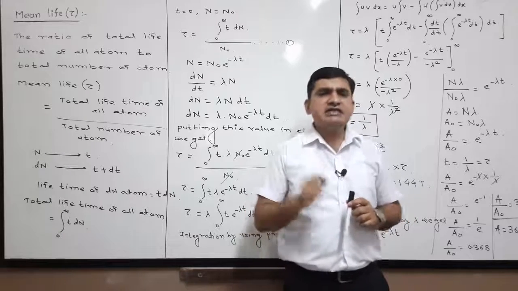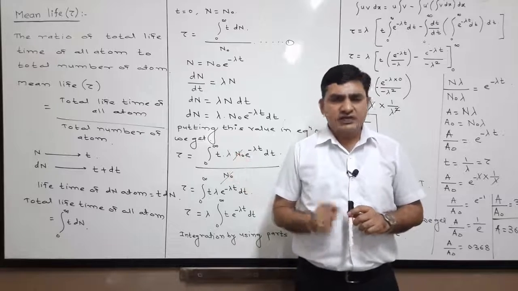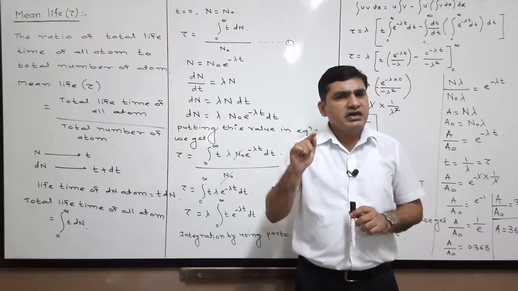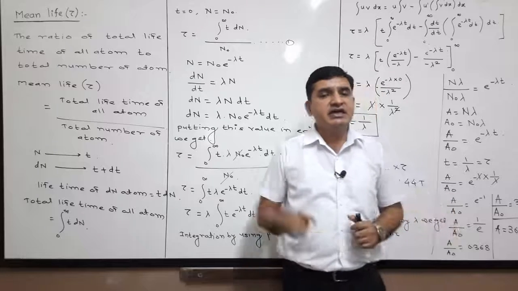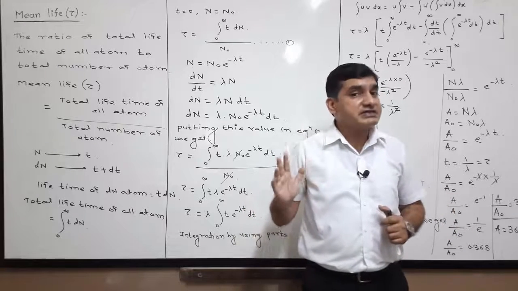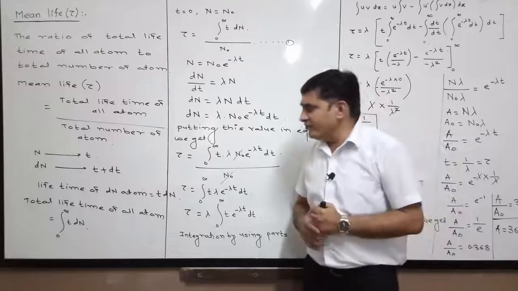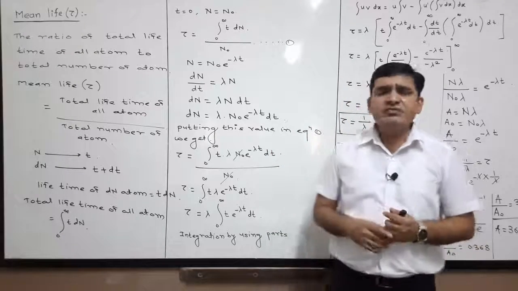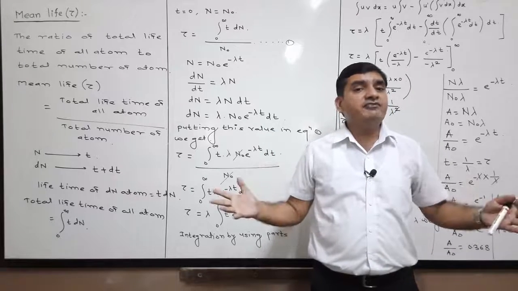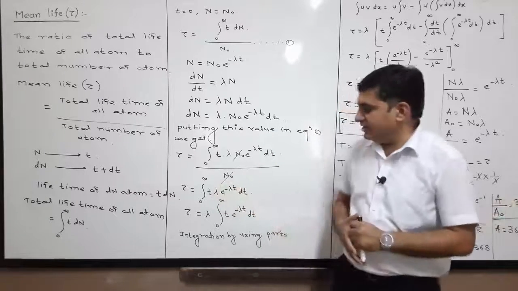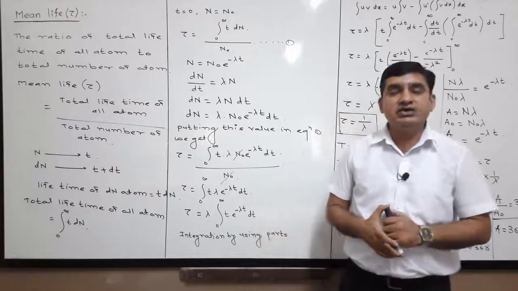If we consider N is the number of radioactive nuclei present at a time t, then dN is the number of radioactive nuclei that disintegrate in the time t plus dt. Therefore the lifetime of dN atoms is equal to t into dN, and the total lifetime of all atoms is equal to the integration from 0 to infinity of t into dN.